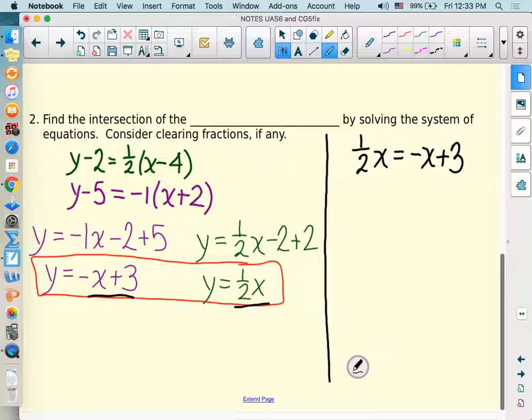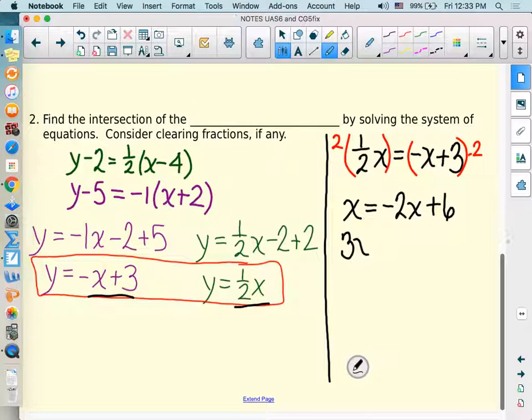I'm going to clear the fractions by multiplying both sides of the equation by 2. So my equation to solve becomes when is x equal to -2x plus 6. I'm going to add 2 x's to both sides. And I find that these two lines will cross when x is 2.